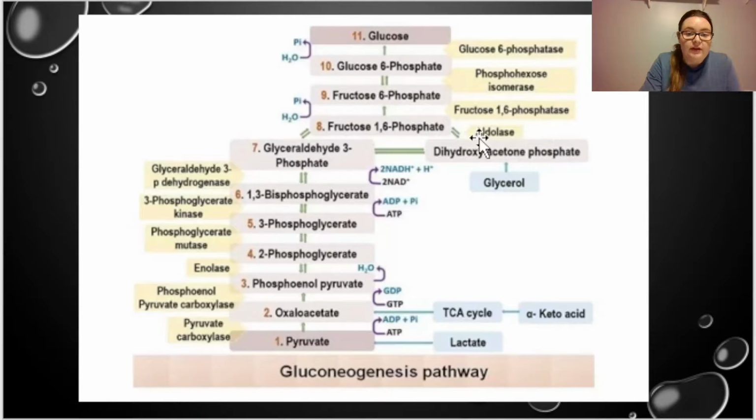After G3P is converted to dihydroxyacetone phosphate, aldolase turns it into fructose 1,6-bisphosphate. Then this is converted to fructose 6-phosphate, then glucose 6-phosphate. The phosphate group breaks off, and we get a glucose molecule. We have formed the glucose that we needed, and from there it can go through our blood into tissues that need it.